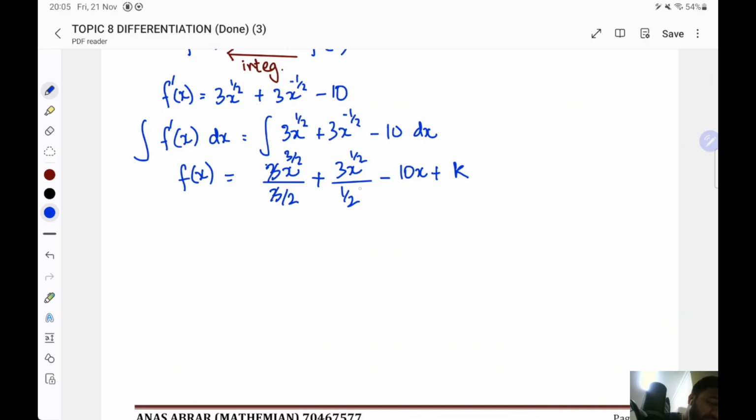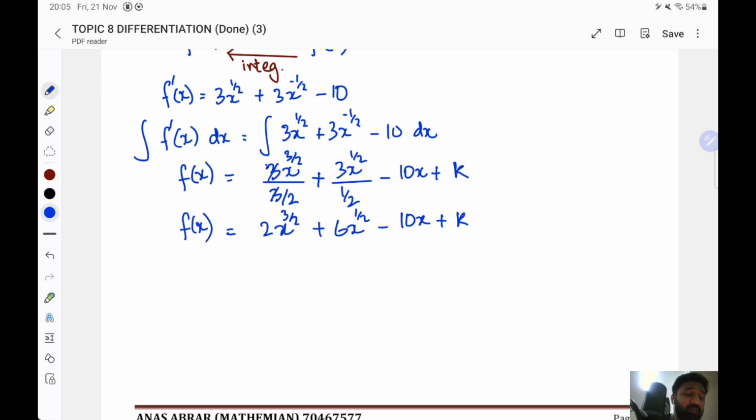This 3 and 3 will cancel out, so it will be 2x power 3 by 2 plus 6x power 1 by 2 minus 10x plus k, and this is the function we have.